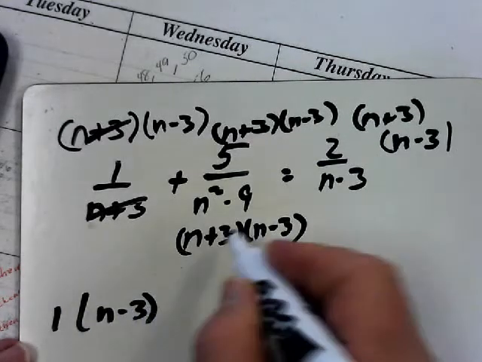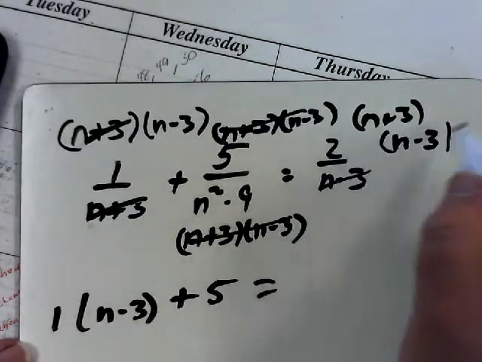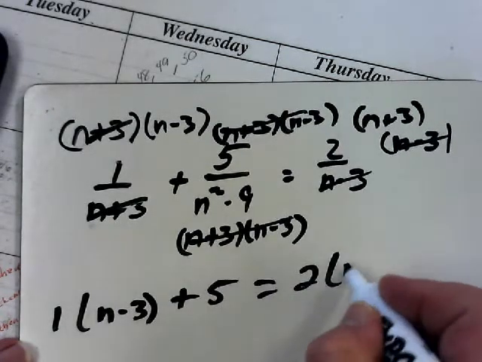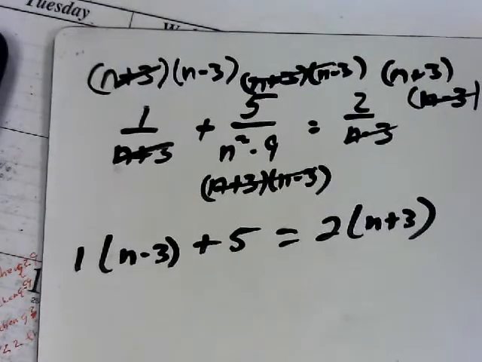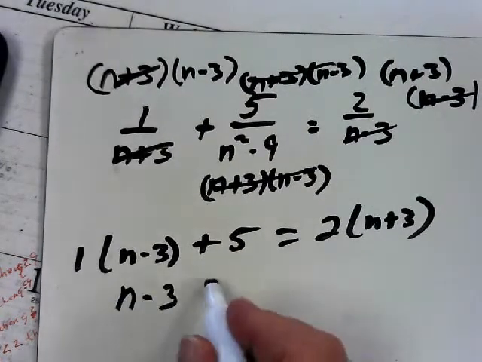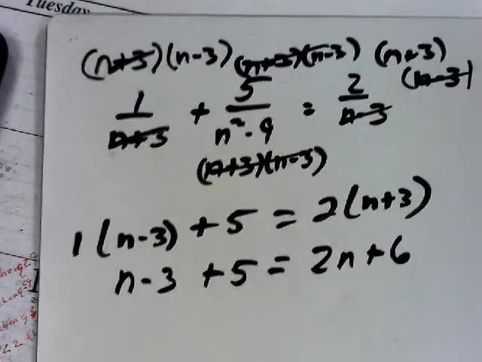You're left with 5 for your second one, so that cancels out. And you're left with 2 times n plus 3 for your last one. So I'd have n minus 3 plus 5 equals 2n plus 6.